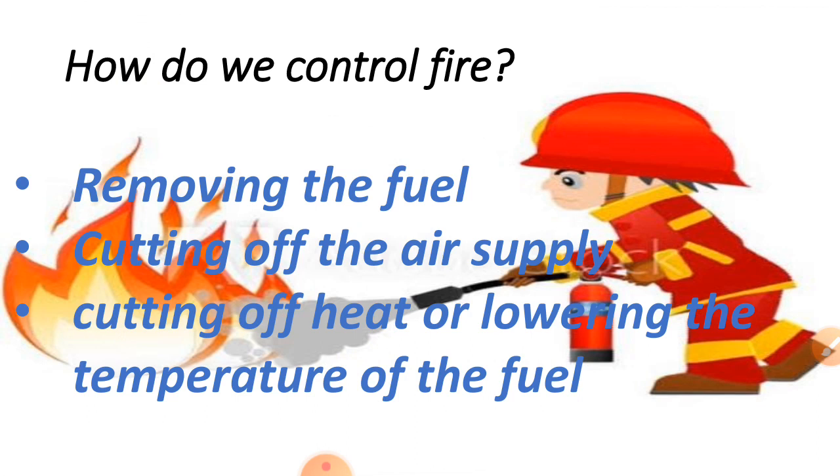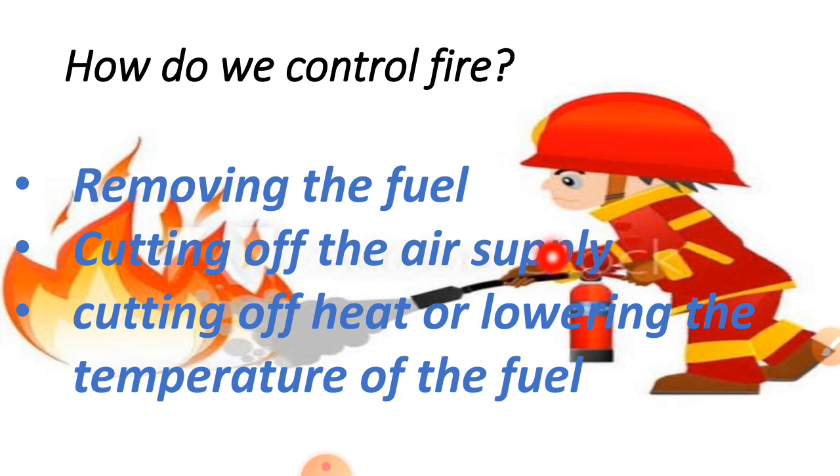So first we will remove the fuel. Removing the fuel means we remove the combustible substance from the place and the surrounding areas. Now second is cutting the supply of supporter. Cutting the supply of supporter means air, because oxygen helps burning. It does not burn, but it helps burning.